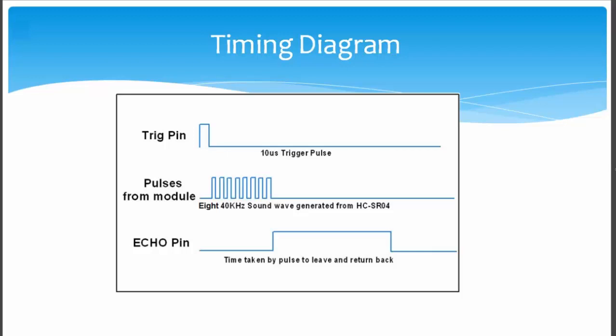In other words, the duration of time during which the echo pin stays high is equal to the total time taken by the ultrasonic waves to travel from transmitter to the object and again from the object to the receiver. Distance is calculated by the formula speed is equal to distance divided by time.